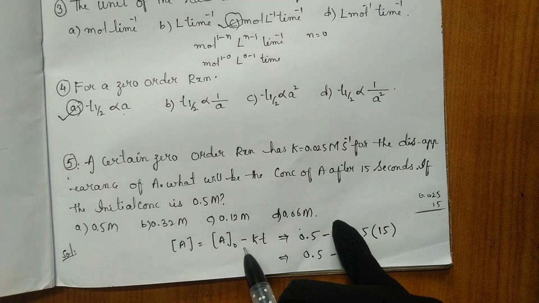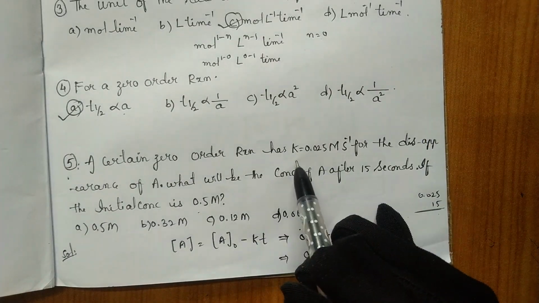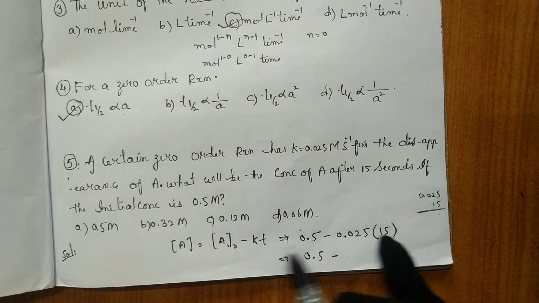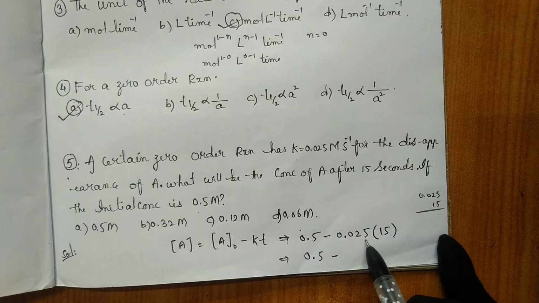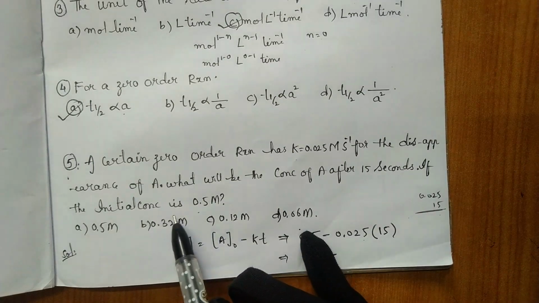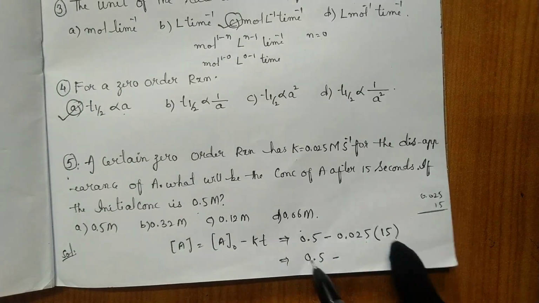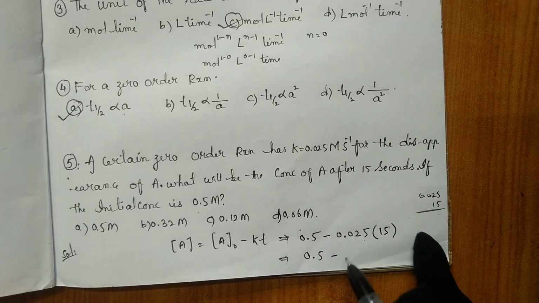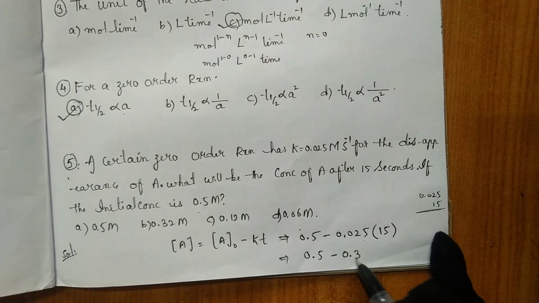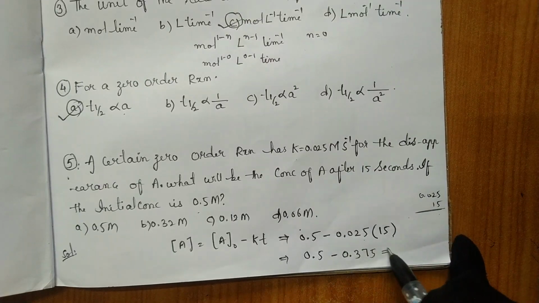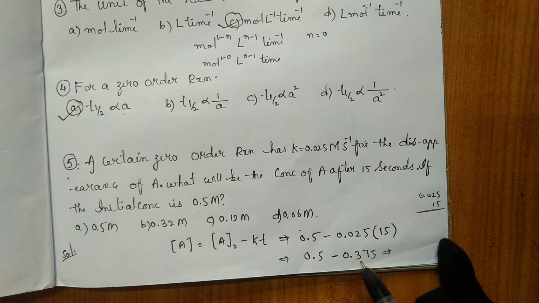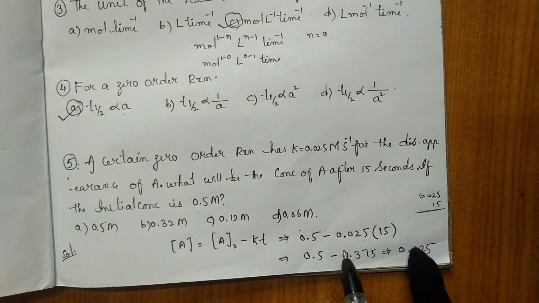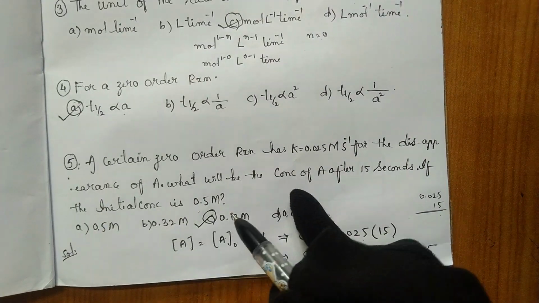Substituting the initial concentration, rate constant and time, we get 0.5 minus 0.025 into 15, where K is 0.025 and t is 15 seconds. So 0.025 into 15 is 0.375, and 0.5 minus 0.375 is 0.125. So here option C is correct.